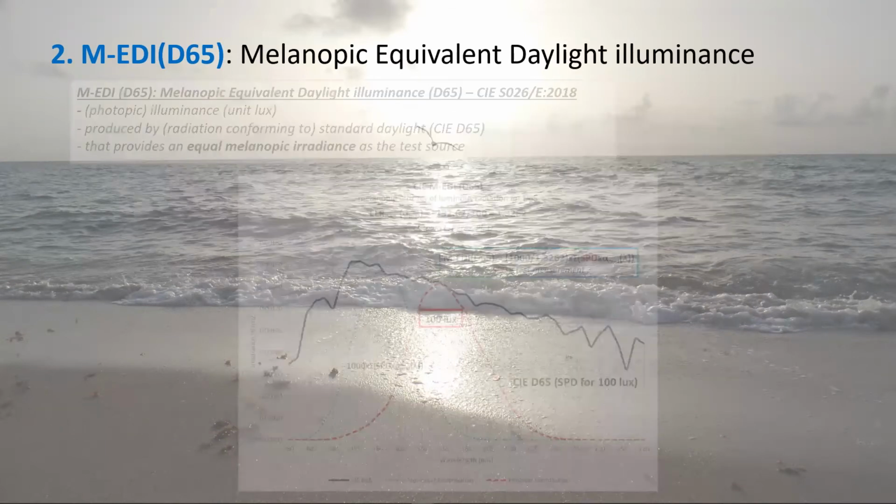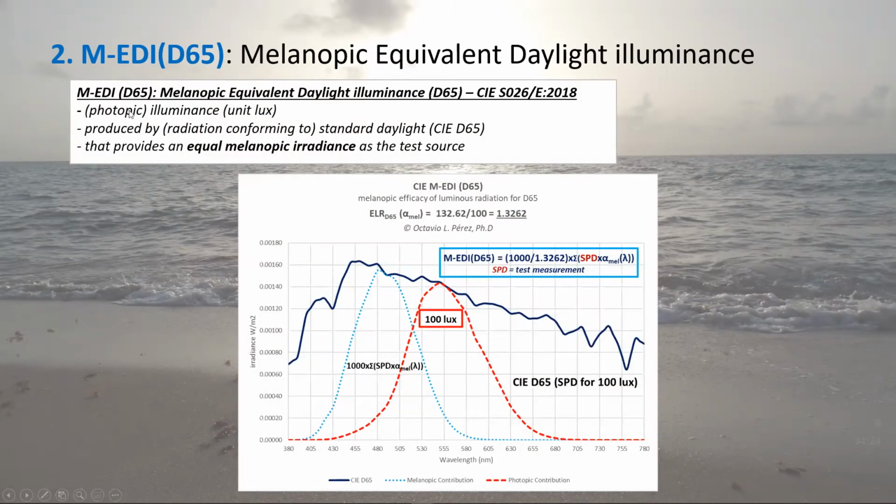What this means is that, as we said, the melanopic equivalent daylight illuminance, and here we have the stimulus of the lighting conditions. And if this is the SPD for D65, here we get the visual illuminance that D65 is giving for this melanopic illuminance.